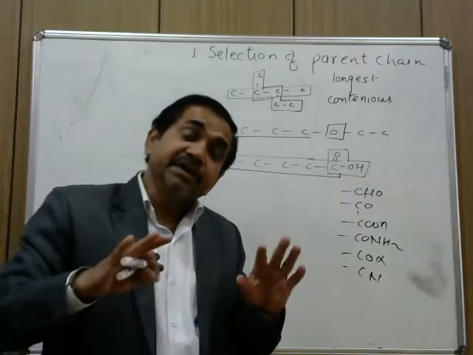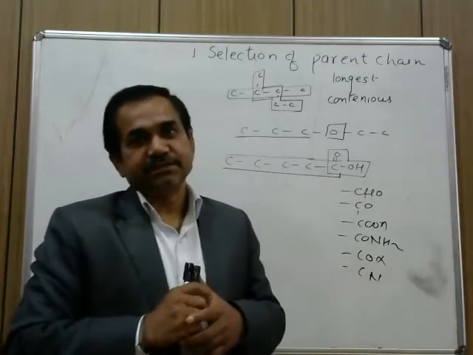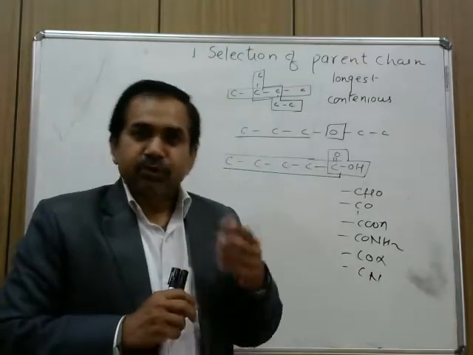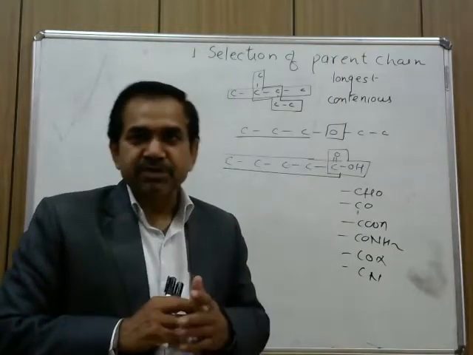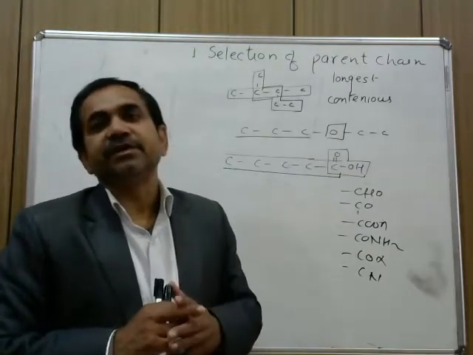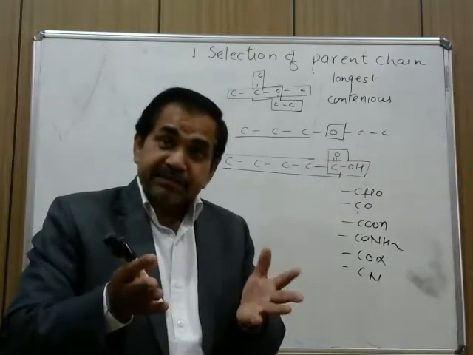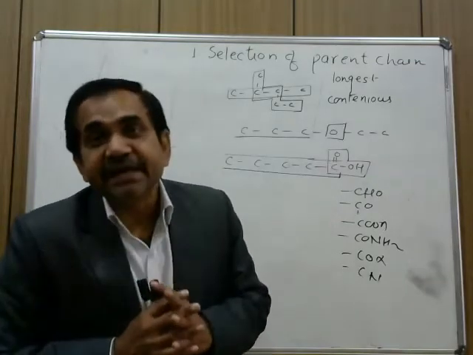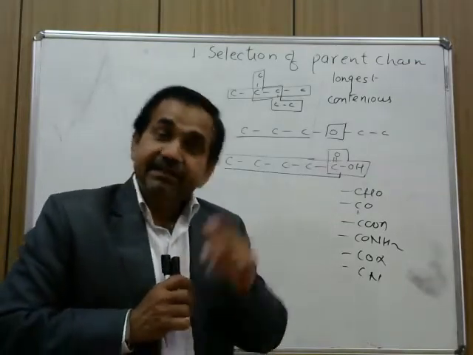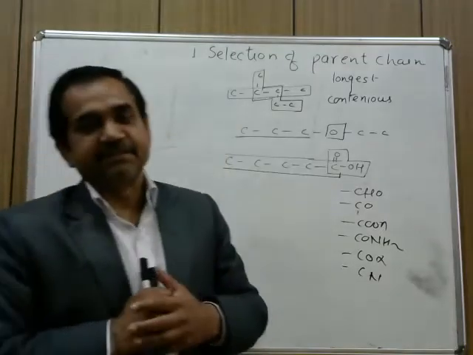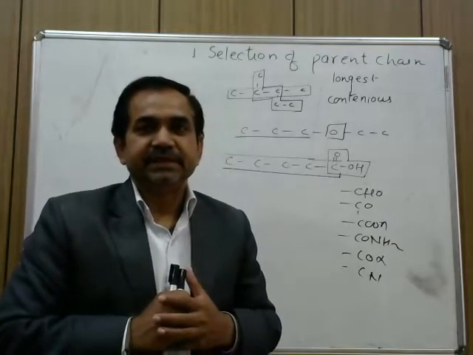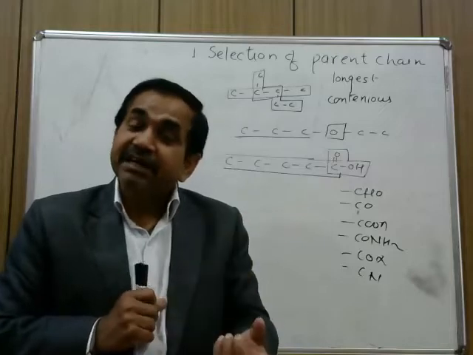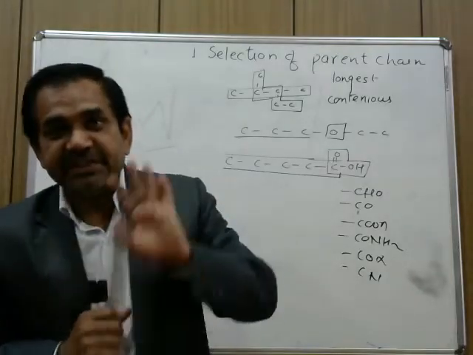And if a compound has got two multiple bonds, two double bonds, two triple bonds, one double bond, one triple bond, both of them should be chosen as a parent chain, even if it is not the longest chain.